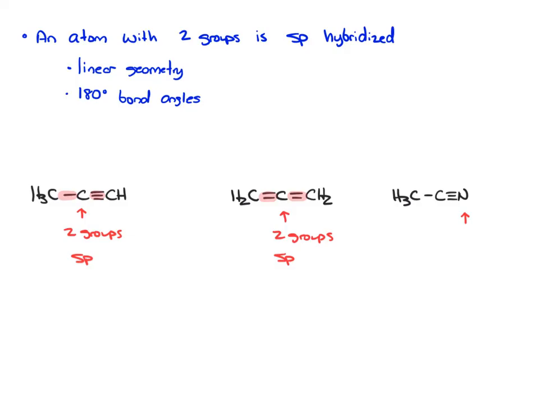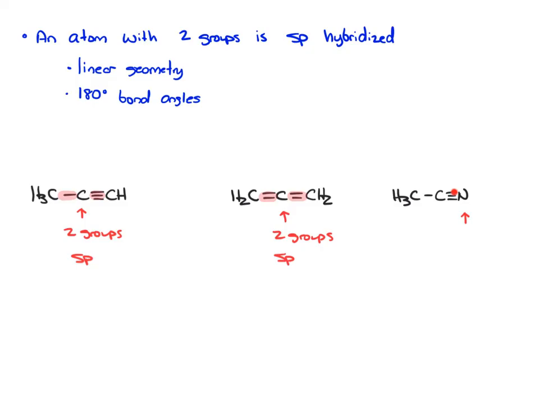Finally, we look at this third example, and you see the nitrogen. And when you first look at it, you might think, well, there's just a bond. How do we deal with one group? Well, then it should pop in your mind, oh wait, I need to make sure things have an octet. Does this nitrogen have an octet?